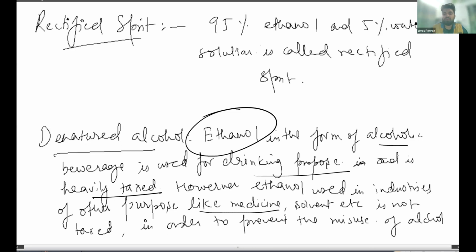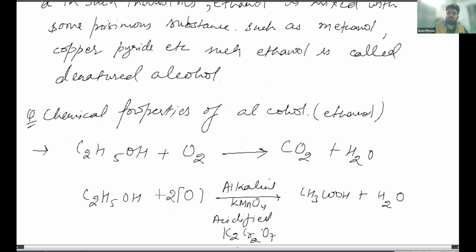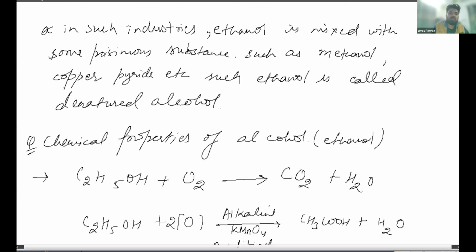So in order to prevent the misuse of this alcohol in such industries, ethanol is mixed with some poisonous substance such as methanol, pyridine, copper sulfate, etc.